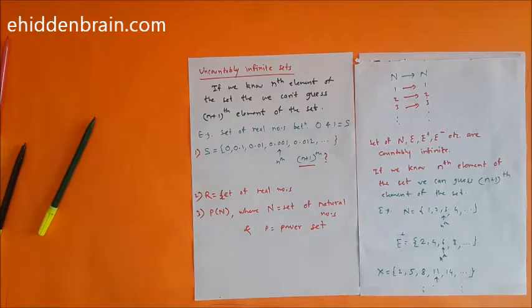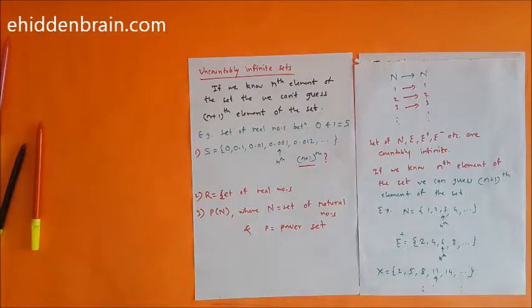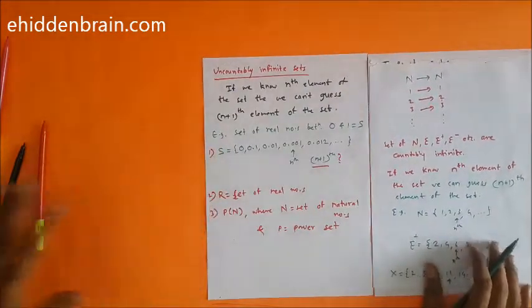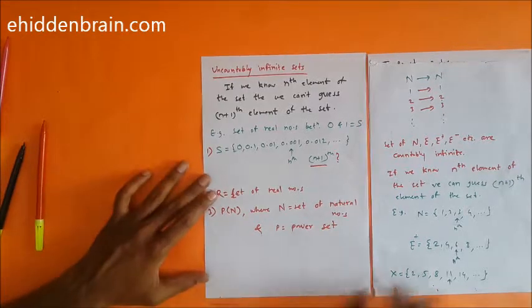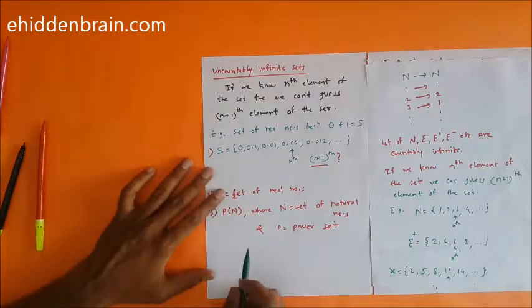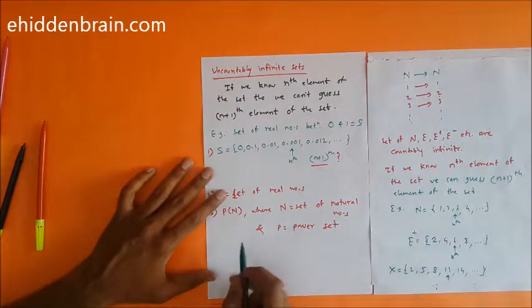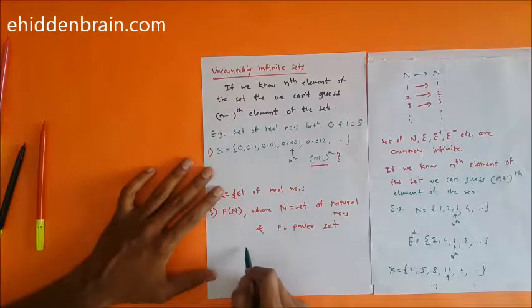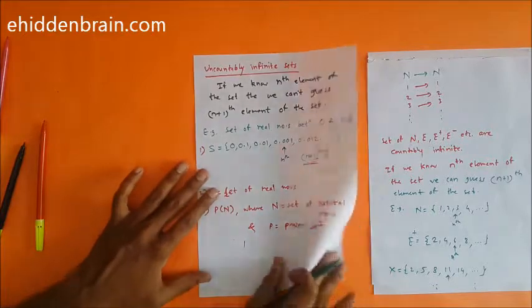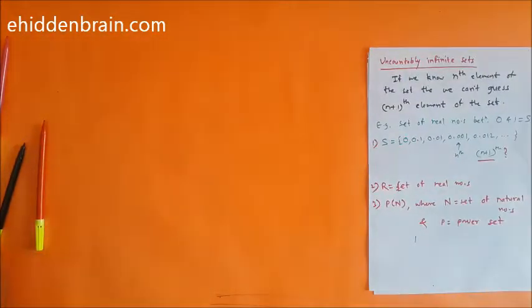Why is P of N not countably infinite, why is it called uncountably infinite? Because there is no bijection as such. Let's try to have a bijection between N and P of N.